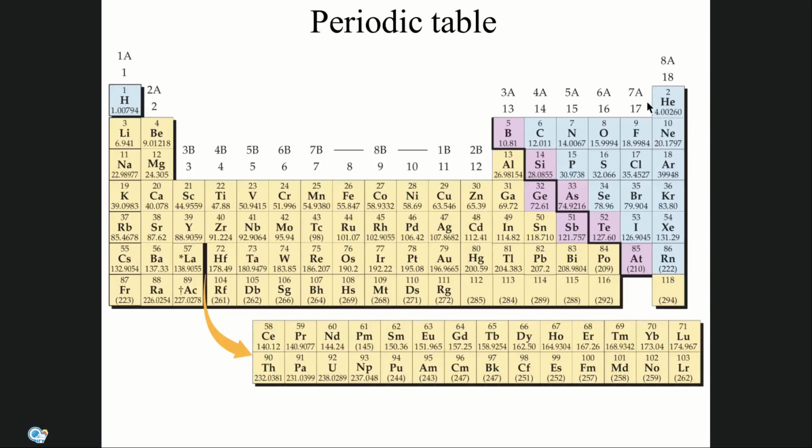Because in the first period we have only two elements, sometimes in some periodic tables, especially I see it in the Russian periodic table, I don't know how in other countries, you can see hydrogen here and here, 2 times.